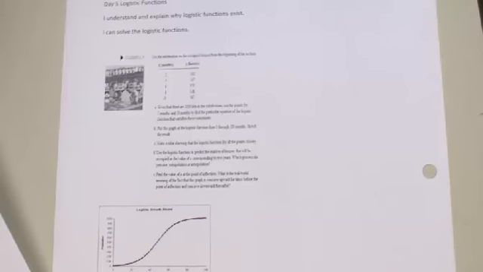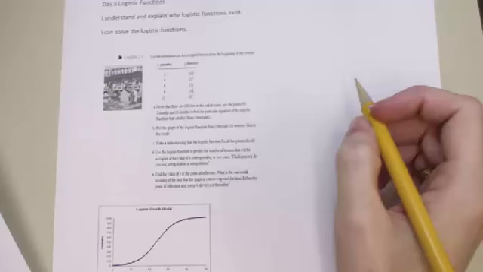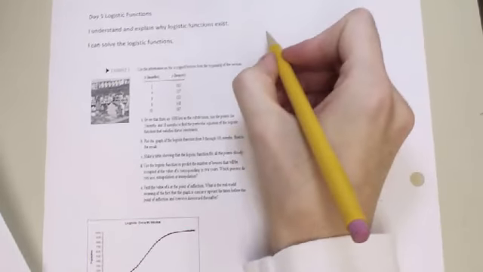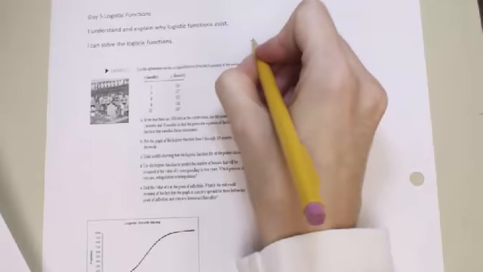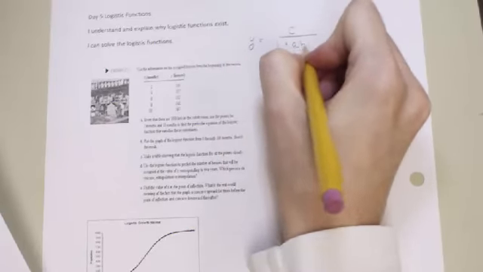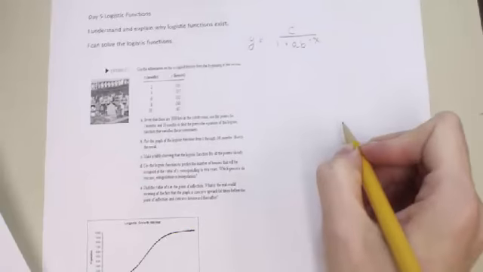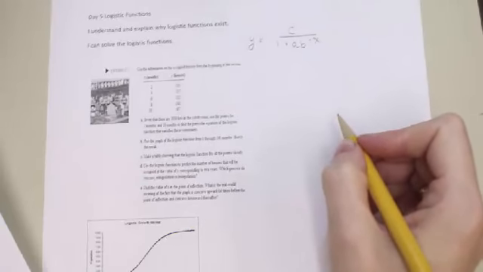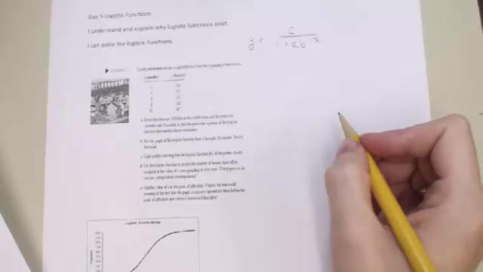So in a real life situation, yes, in the beginning, it will have a rapid change in population. And then it will have to stop because there's only so many left. So as we look at this, first we'll need a wonderful function: y equals c over 1 plus ab to the negative x. And you may already be shaking in your boots because there's 3 variables.